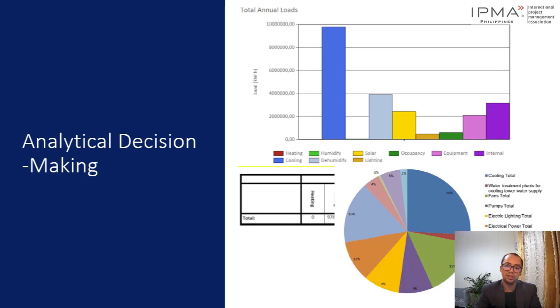For example, there is an alternative material that needs to be considered due to cost. Before approving this material, the values for this material have to be entered in the energy model to simulate what will be the impact of this material on the overall energy performance of the project.